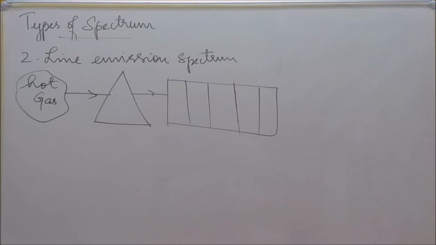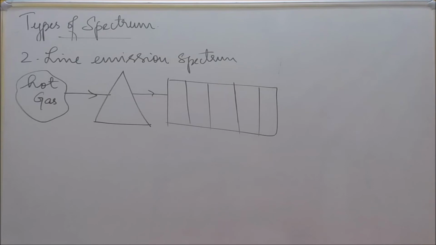Okay. So that light source is passing through a prism and that is emitting a line emission spectrum. So the spectrum could be like this. This is a line emission spectrum. So these sharp lines have a definite frequency or wavelength. Okay, this is nothing but line emission spectrum.